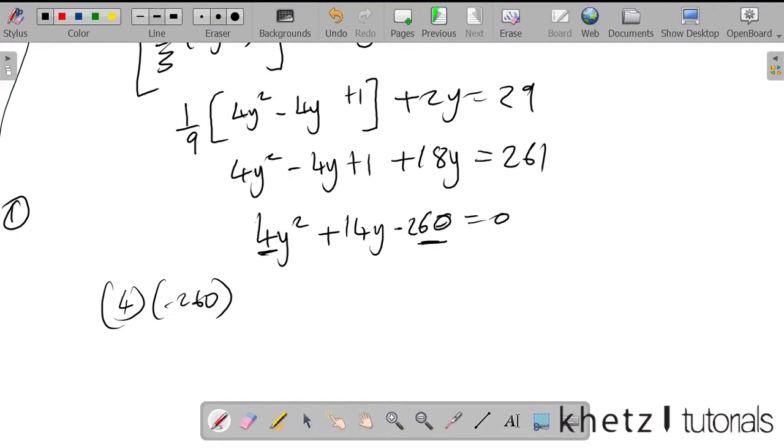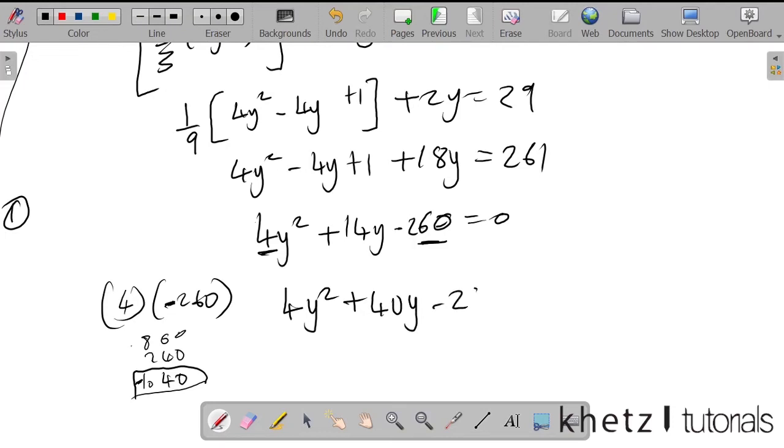So we're looking for the factors of negative 1040, which will give you negative 1040 if you multiply them, because there's a negative sign here, but will give you positive 14 if you add them. And those factors are 40 and negative 26.